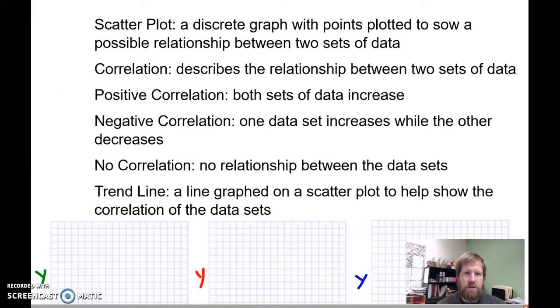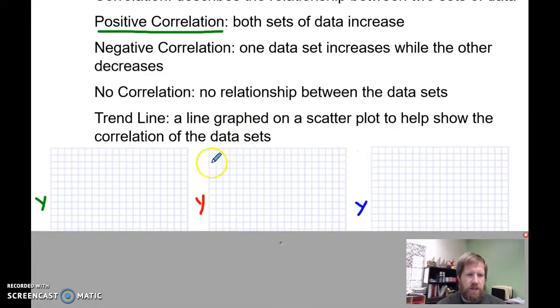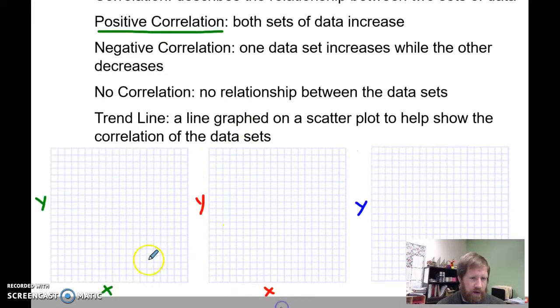Positive correlation is where both sets of data increase. So if you're looking at a graph, we have our x-axis and our y-axis. Say we start at 0, 0. As our x values increase, so do our y's.